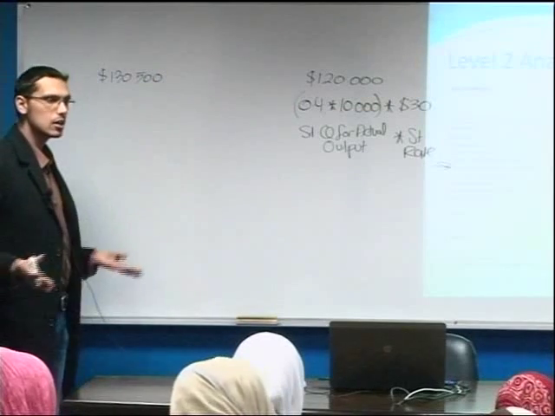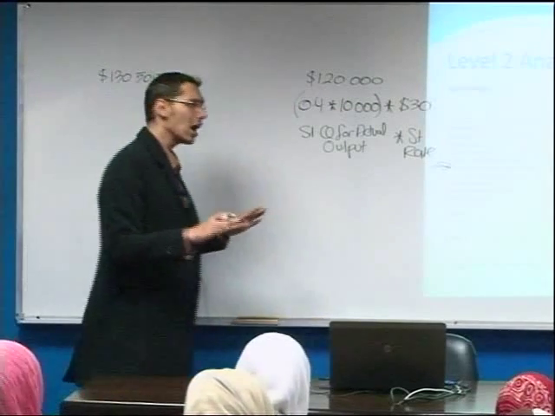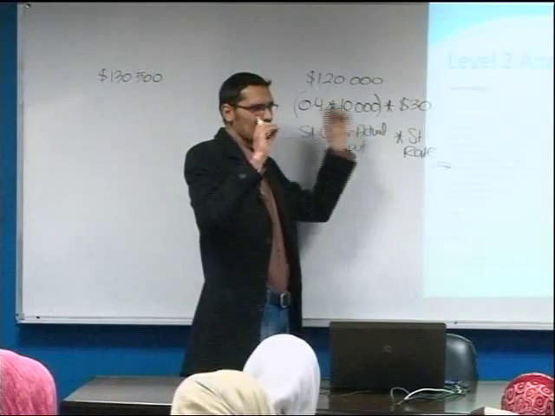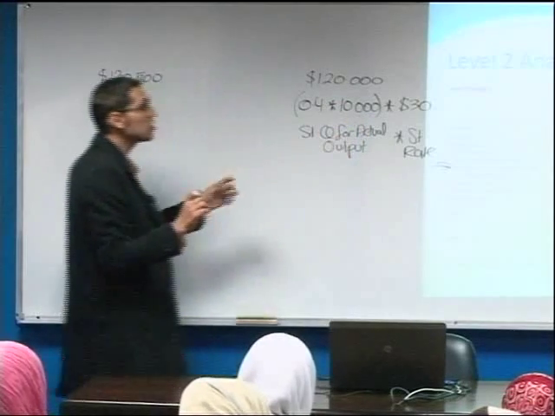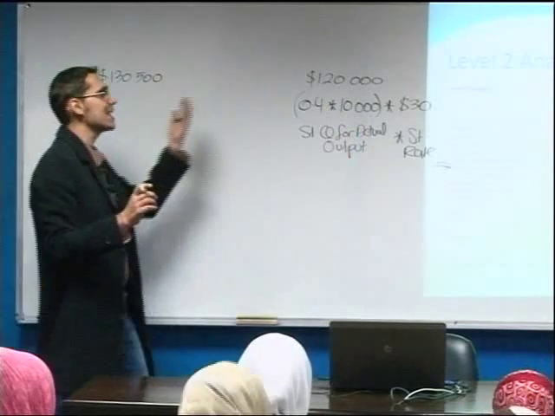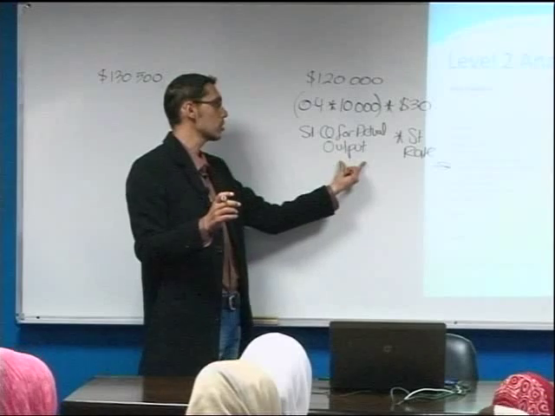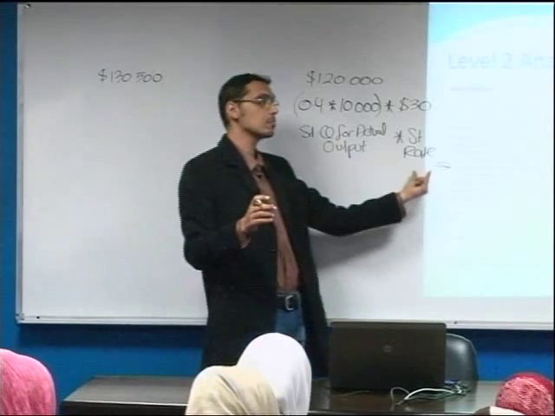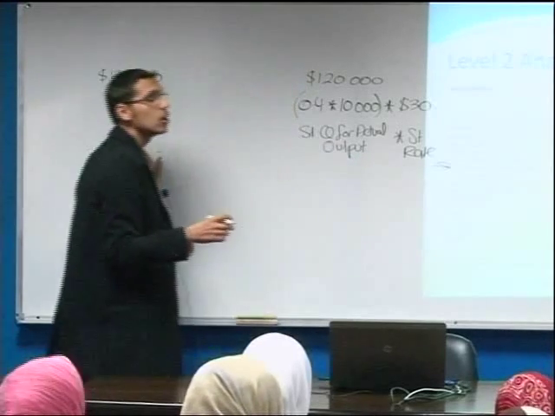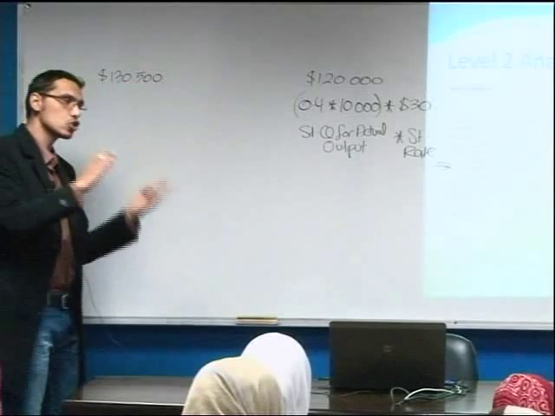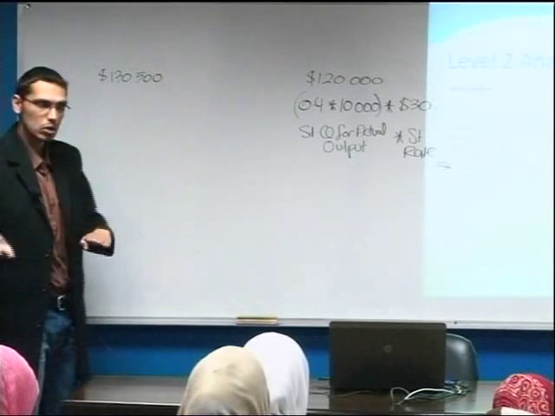And the $130,500 was also computed with the same calculation, but using actual numbers, not standard numbers. We took the standard quantity multiplied by the standard rate, but here we consider the actual quantity and the actual rate.